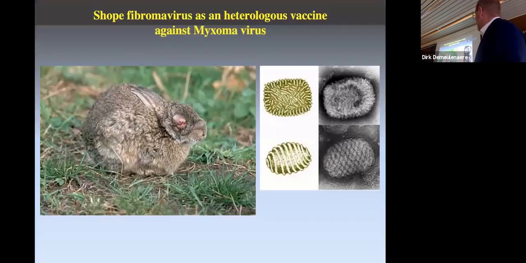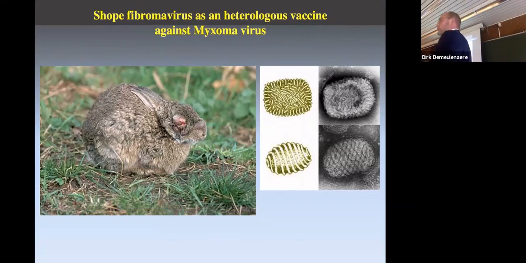Another example frequently described in veterinary vaccinology is the use of Shope fibroma virus, which is a leporipox virus related to myxoma but which, in contrast to myxoma, induces benign lesions in rabbits. So that's another example of the use of viruses to develop vaccines.